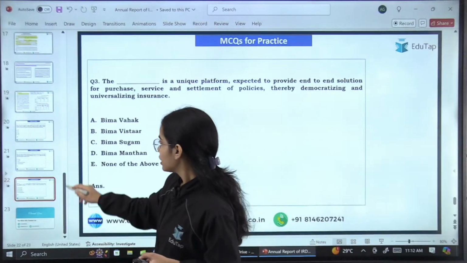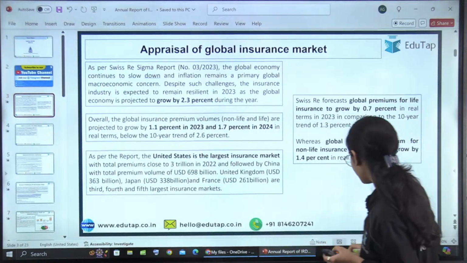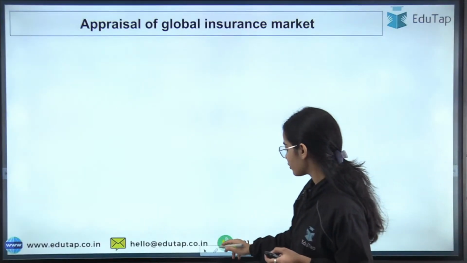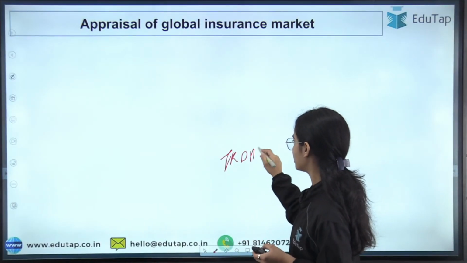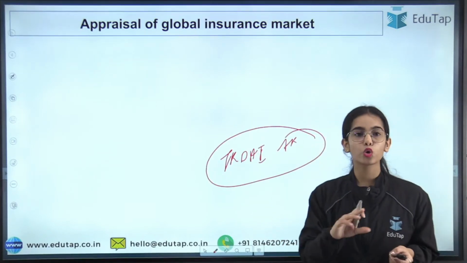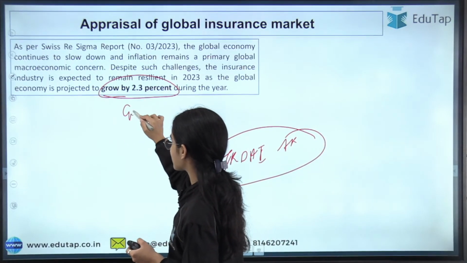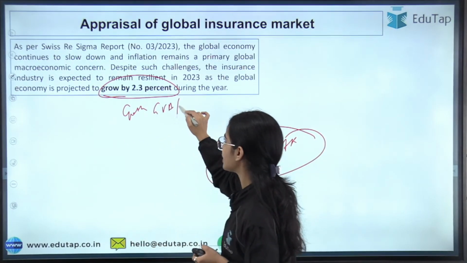Now, there is one more thing that I have to tell you. If you are going through the IRDAI annual report, there is the global economy data that is given, the growth data, the GVA, GDP growth data.